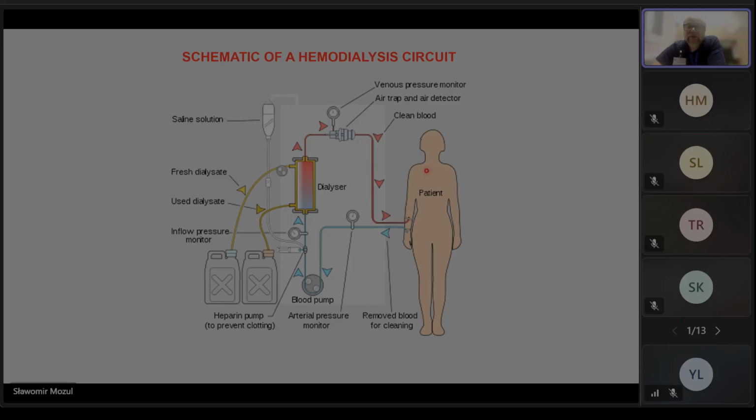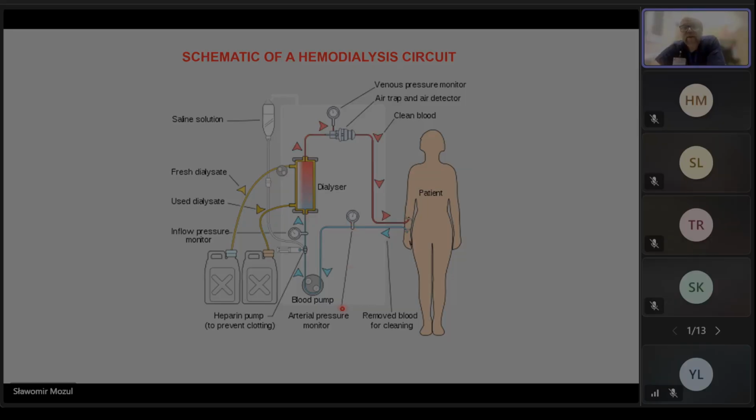The blood is then pumped through the dialyzer, and then the blood is pumped back into the patient's bloodstream through another tube connected to a second needle port. Blood flows through the dialyzer multiple times during hemodialysis.